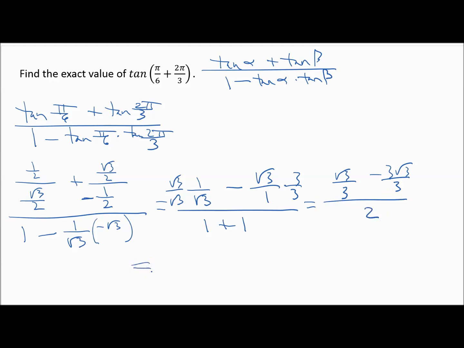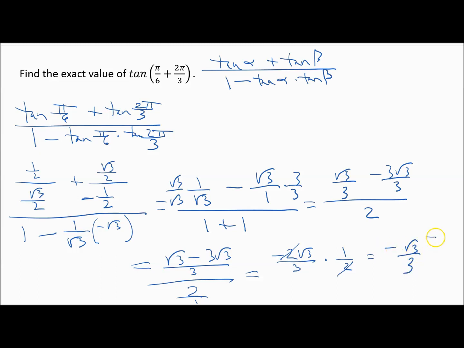So that equals 2 square root of 3 minus 3 square root of 3 over that common 3 divided by 2. Well, square root of 3 minus 3 square root of 3 is minus 2 square root of 3 over 3. Now this is 2 over 1, right? So I flip that. That's going to be 1/2. The 2's end up canceling. So that's negative square root of 3 over 3.